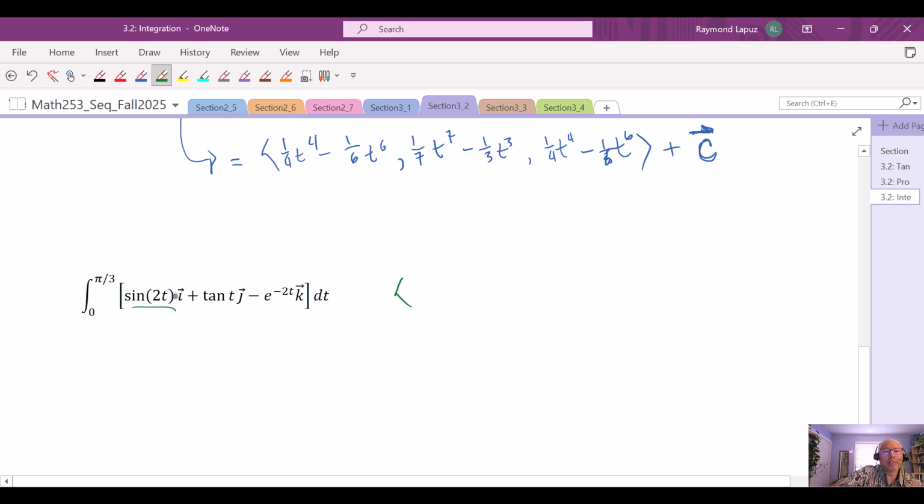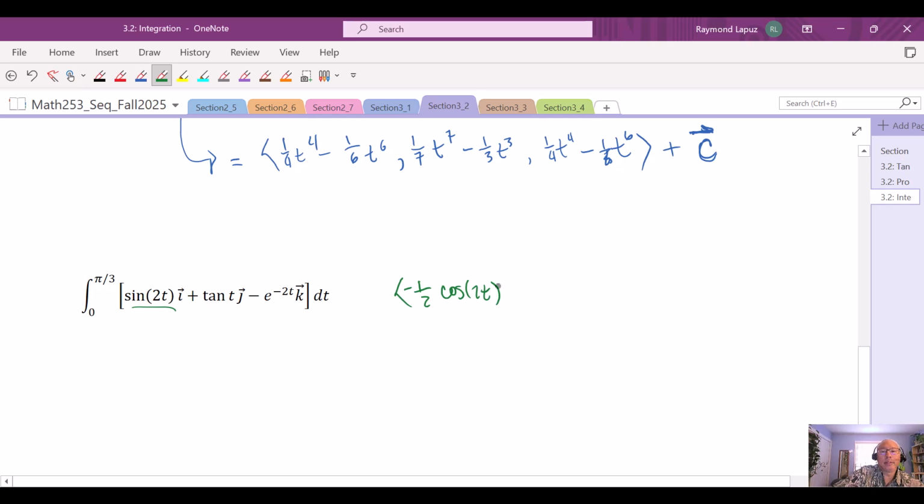Integral of sine, we have to do a u substitution, and then we'll come up with a 1/2 coming out, and the antiderivative of sine is negative cosine, so the 1/2 negative cosine 2t, and I won't put a plus c because we're doing a definite integral.